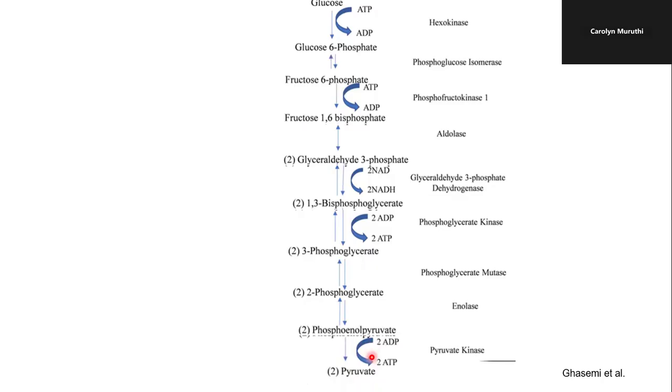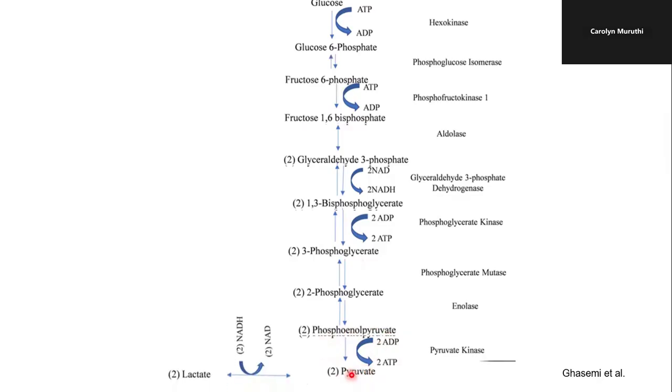We then have pyruvate kinase, which catalyzes the transfer of a phosphate group from phosphoenolpyruvate to ADP, generating ATP and pyruvate.